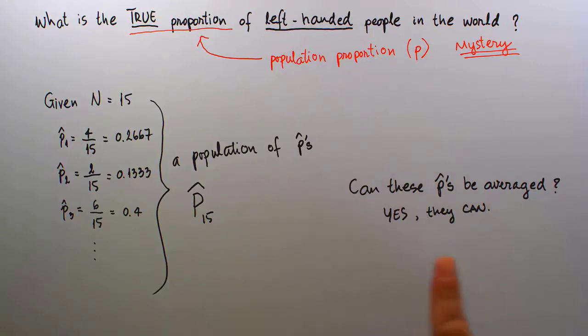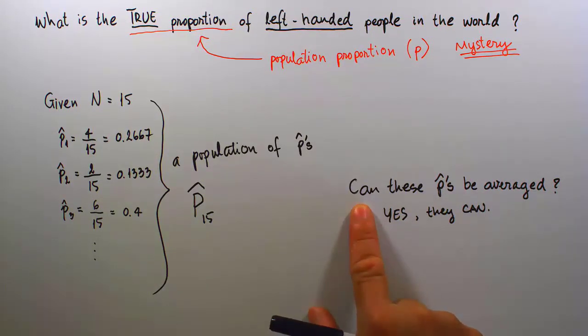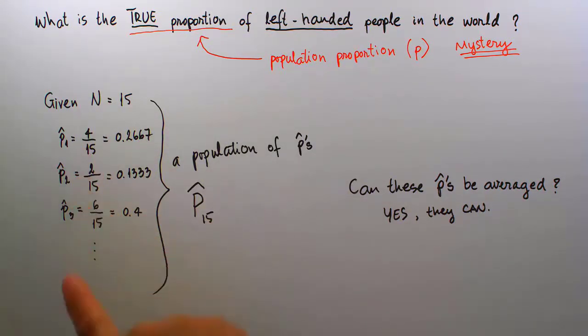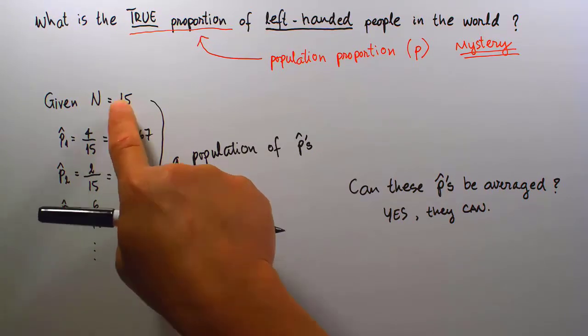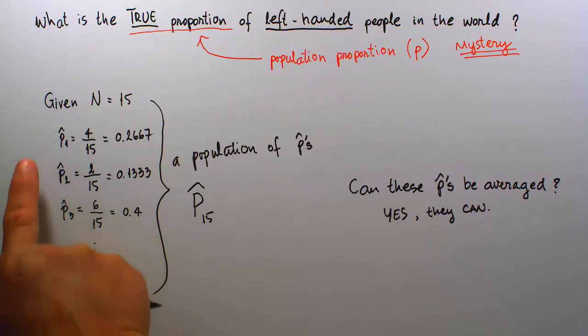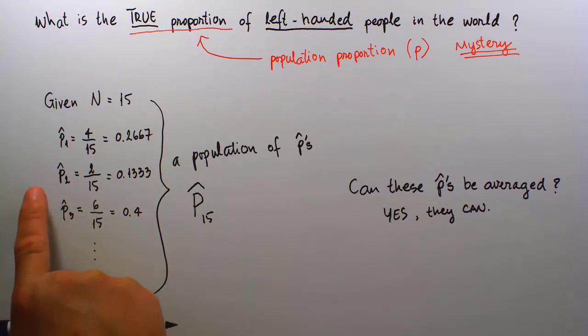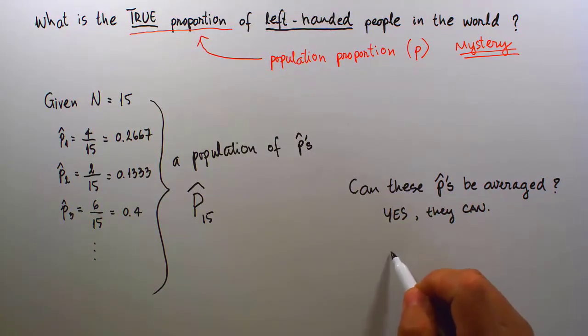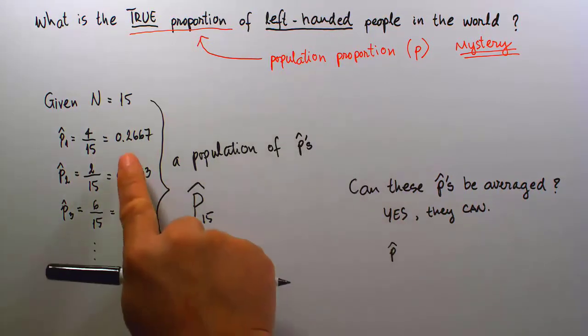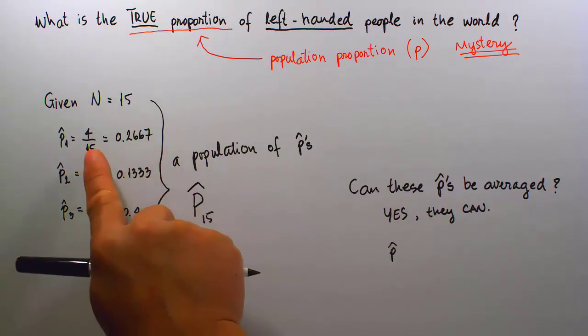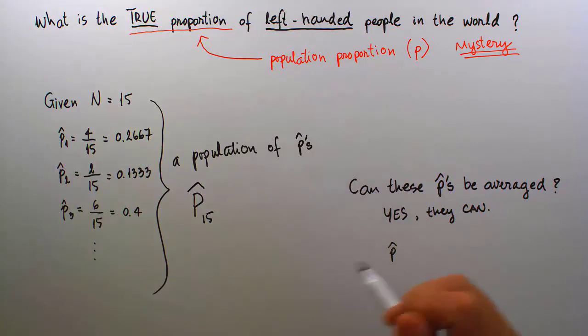So if we average out these sample proportions, in particular here in our case, sample size 15 in each of our samples, how would we do that? Well, we have our p hat 1, in this case being 0.2667, or we can stay with the fractions.